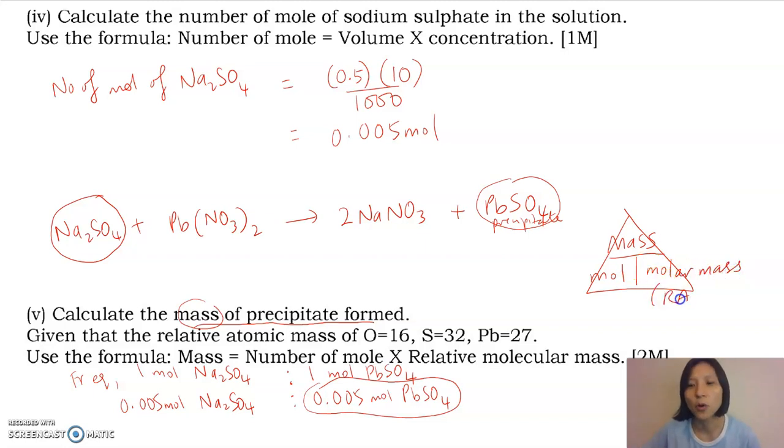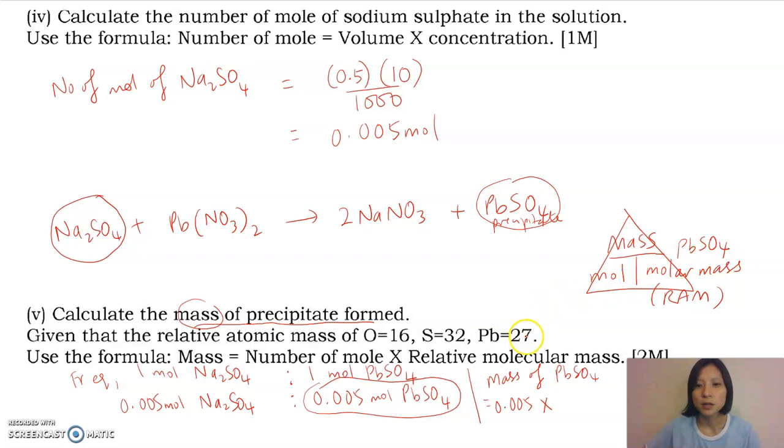We add up all the RAM that is given in the square bracket in the question. So the mass of the precipitate formed, which is PbSO4, is equal to 0.005 times molar mass.